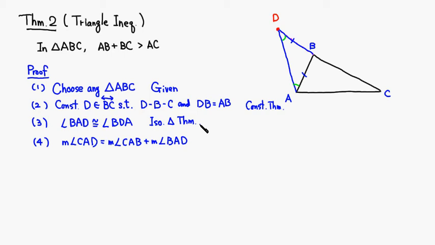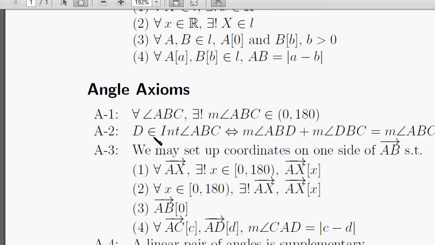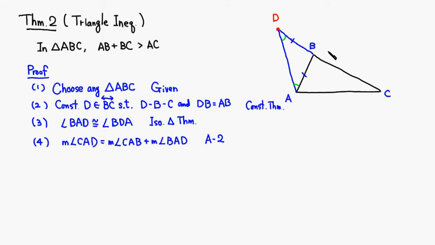This is guaranteed by A2. Let's look at A2. If D is in the interior of the angle, you can see that B is actually in the interior of the angle CAD because the betweenness condition is D-B-C. So the angle is split into two measures. That's by A2.